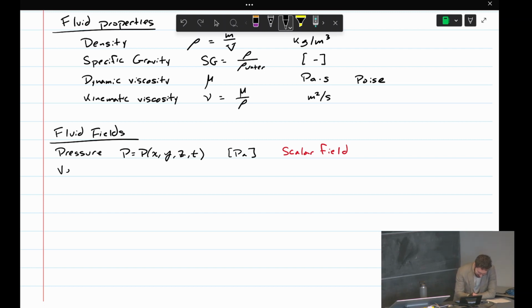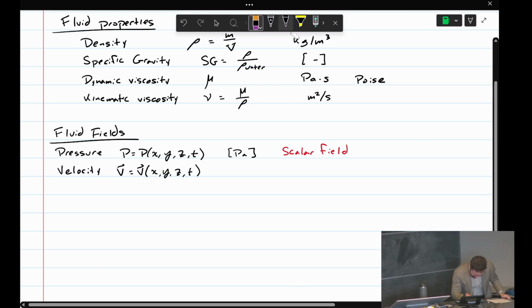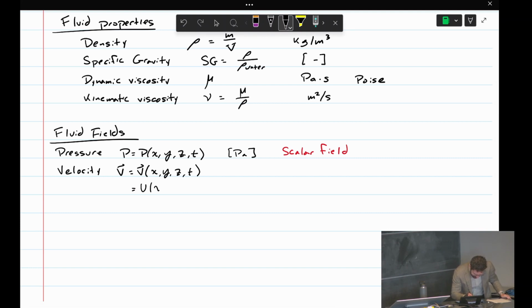We also talked about velocity, called that v. So in general, v is a vector field that is a function of x, y, z, and t. It has components. In general, each of these components is also a function of all these things.